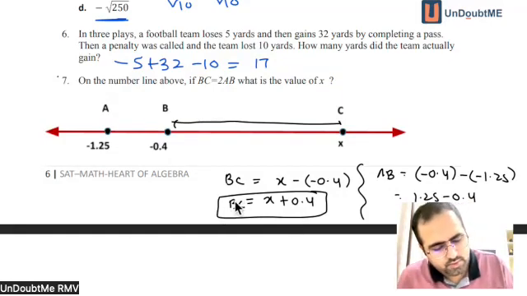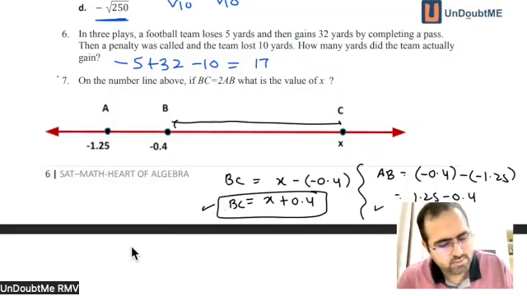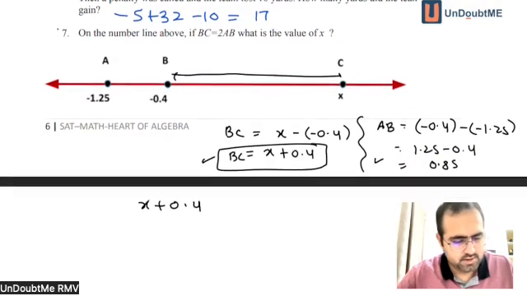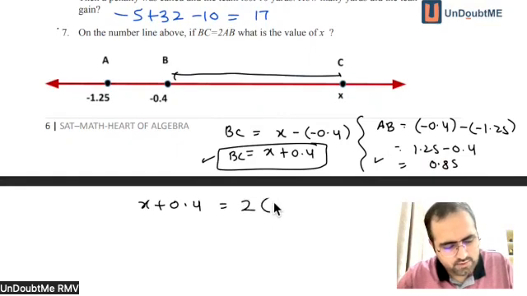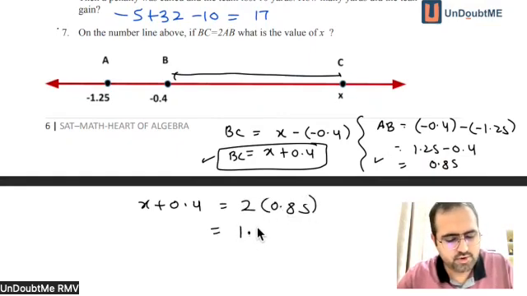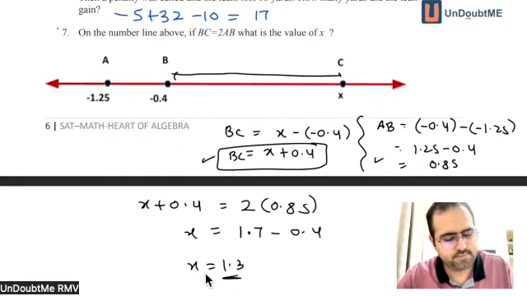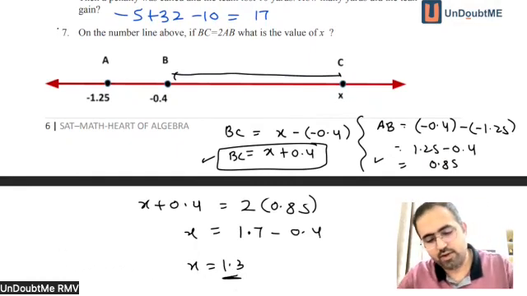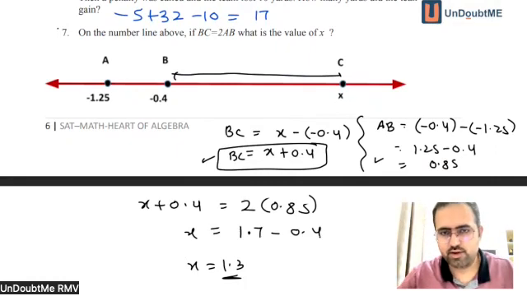So with these lengths BC and AB, I will use that BC is equal to 2AB, so x plus 0.4 will be equal to twice of 0.85. Twice of 0.85 will be 1.7, minus 0.4 is x, so x will be 1.3. Clear? Okay, so till here, do you have any doubt? No.